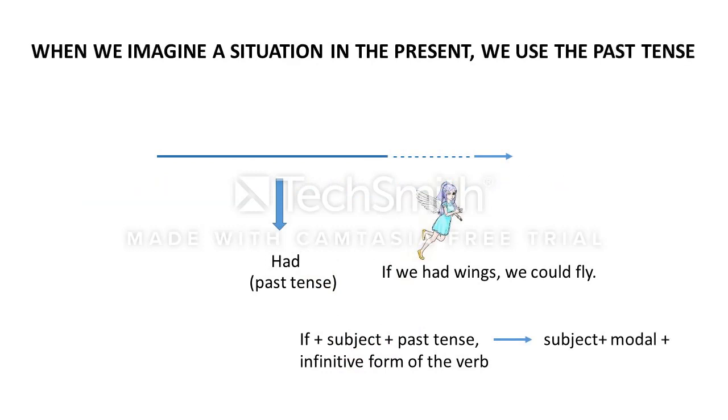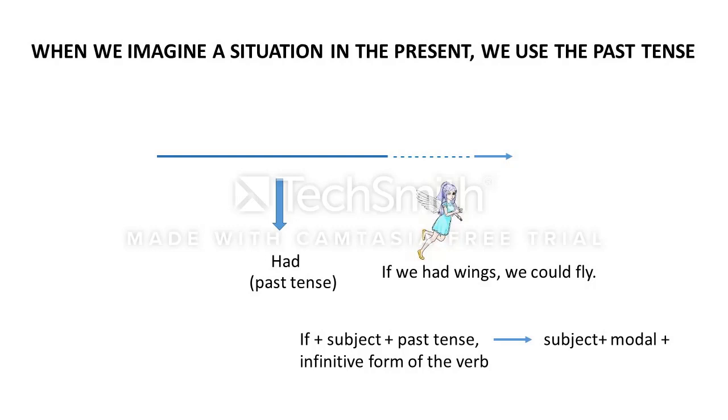Here it refers to a situation in present, and we always use the past form. Remember, we have been saying that we have to use the past, okay? And the result clause, we have the use of could or would. So then you have this formula, the if, the subject, and the past tense.